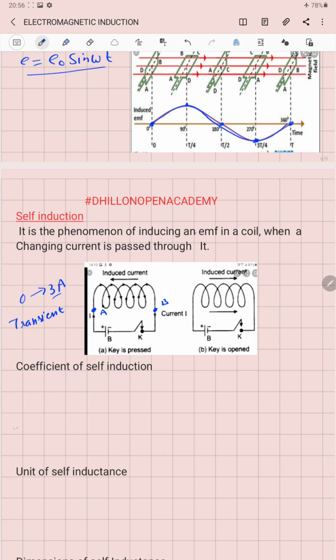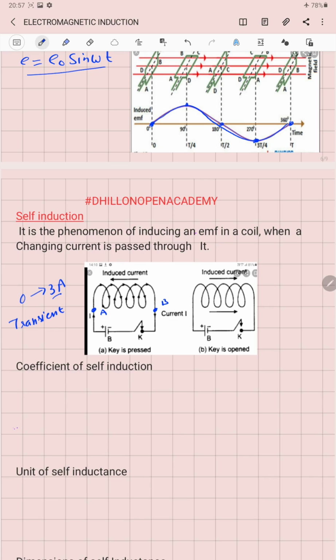When the current reaches 3 ampere, the transient condition will disappear, the current will stop changing, the maximum current will be reached, the magnetic field will become constant, the changing magnetic flux will disappear, so the induced current will also disappear.